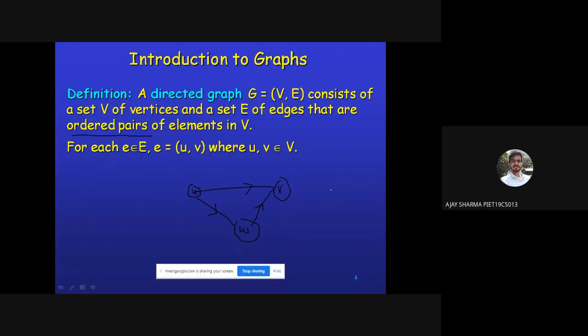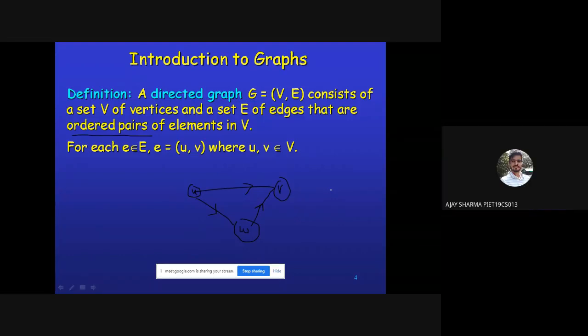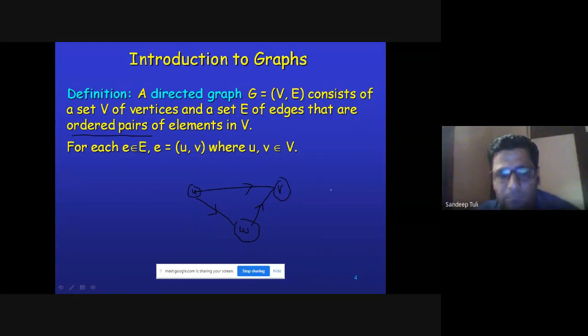What is the difference between ordered and directed? In ordered also we are making a relation from u to v, then it's a direction only. No, we are using the term ordered for a pair. A pair means u and v.